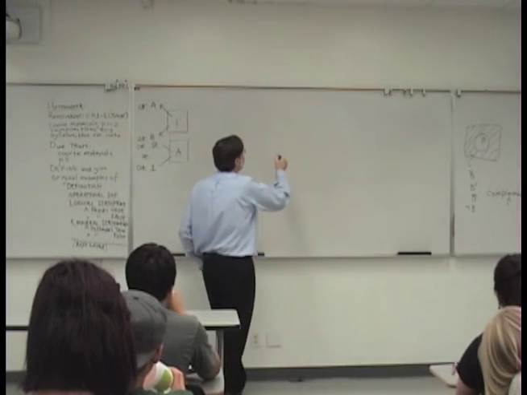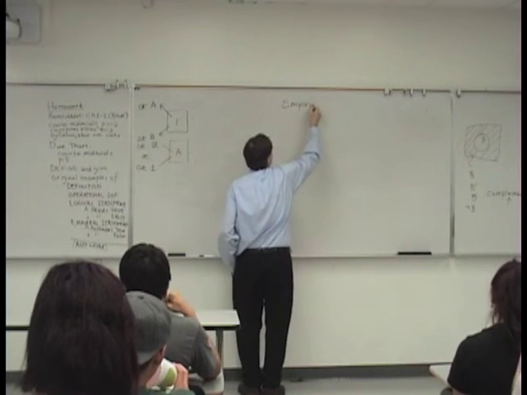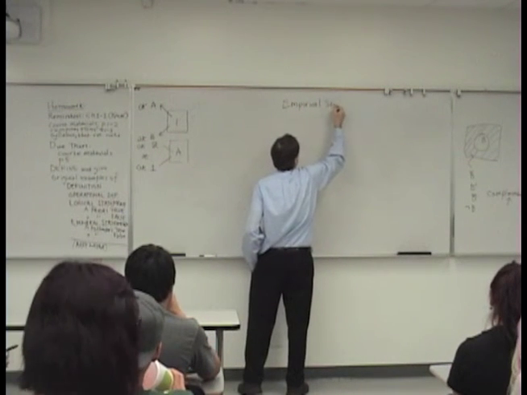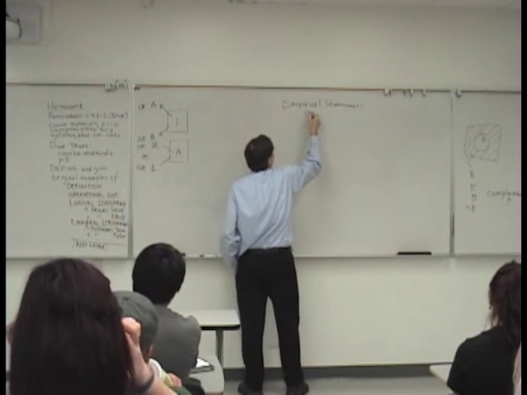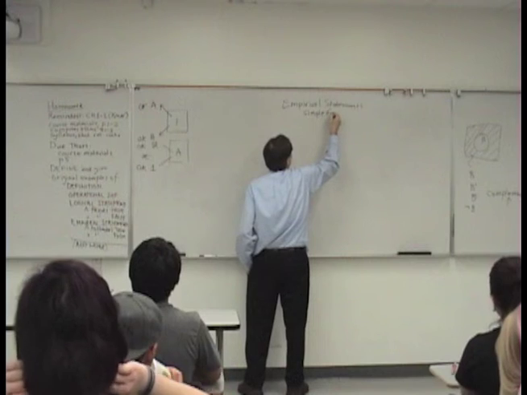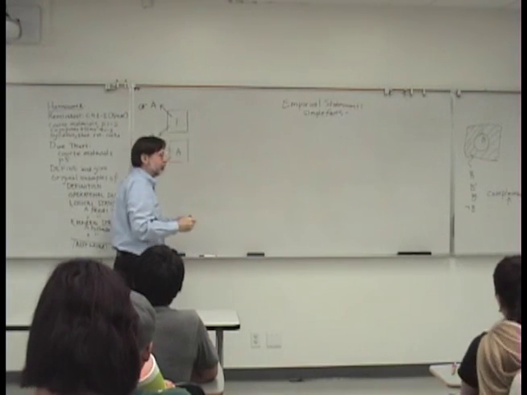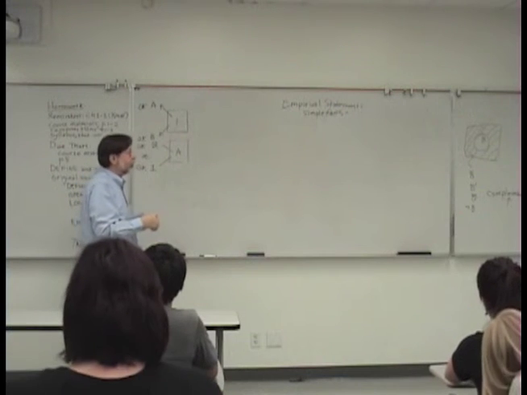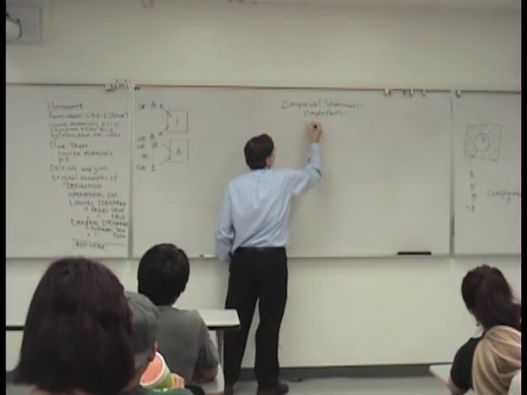Now, among the generalizations, so we've talked about empirical statements. And we've got some that are simple facts. And there are things like historical statements. What did I say last time on here? And there are things called generalizations.